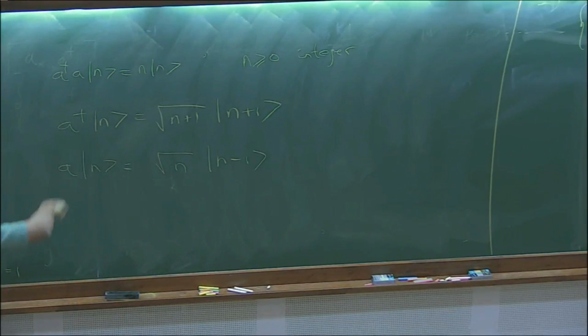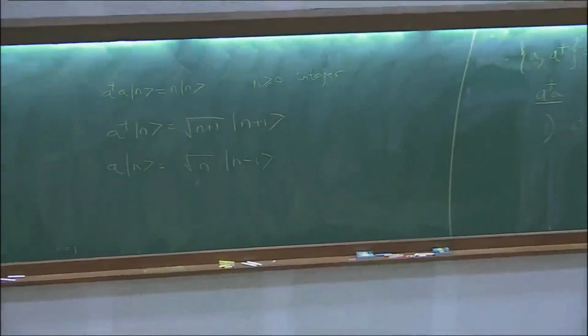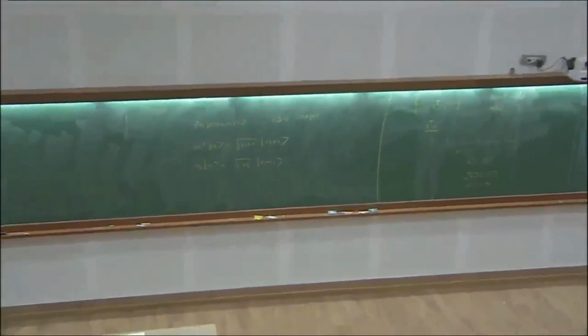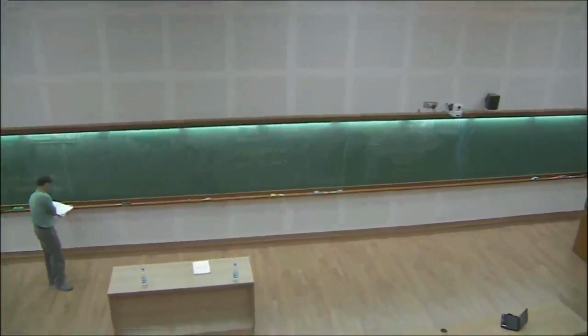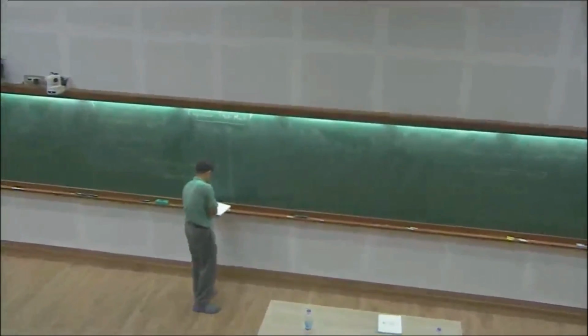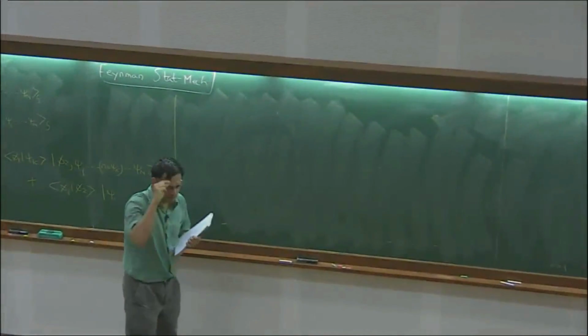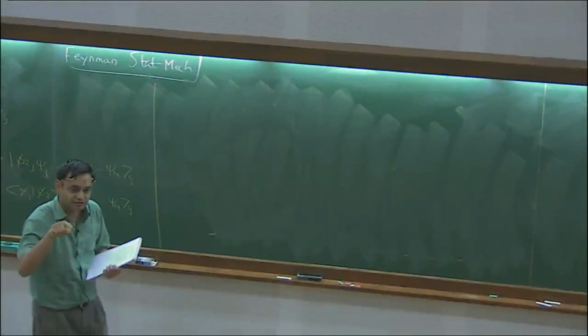So now what's the connection? Now that we know this, let's go back to the actual physics we were talking about, which is n-particle states. Remember that my normalized bosonic states had those extra factors of 1 over square root.